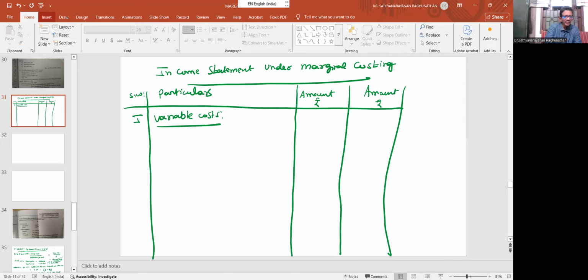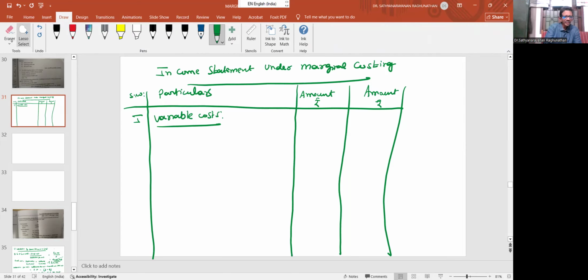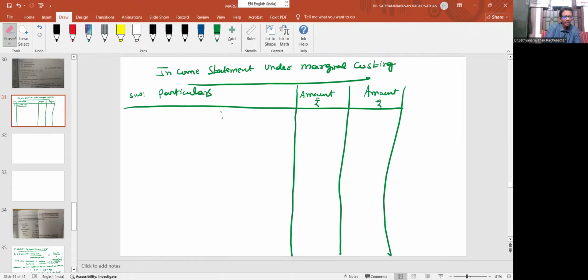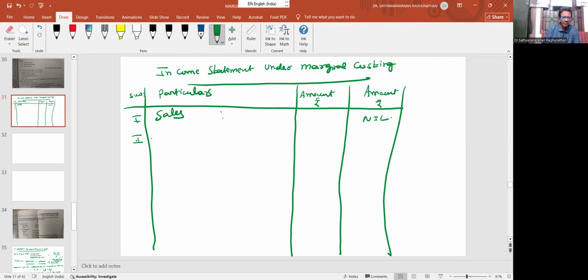Here they have given data relating to the sales. Sales nil. The second one is cost. Cost consists of variable cost and fixed cost.